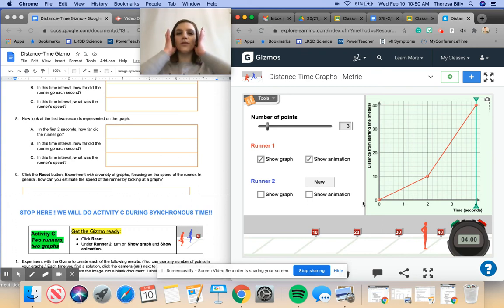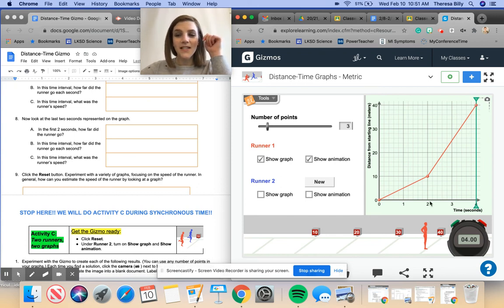Then it says, look at the last 2 seconds represented on the graph. This one I'm not going to go through as detailed. You can use the first question to help you get the answer. But you want to look at what's the total distance that was being traveled within those 2 seconds. But here's my hint. Here's what's different. If you say that the runner traveled 40 meters in that last 2 seconds, you would be incorrect. Why is that? Well, in the last 2 seconds, they started at 10 meters and then they ran to 40 meters.